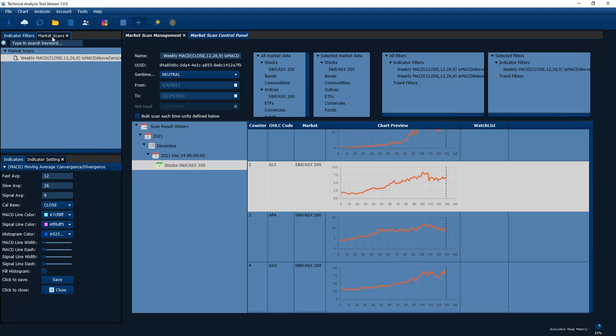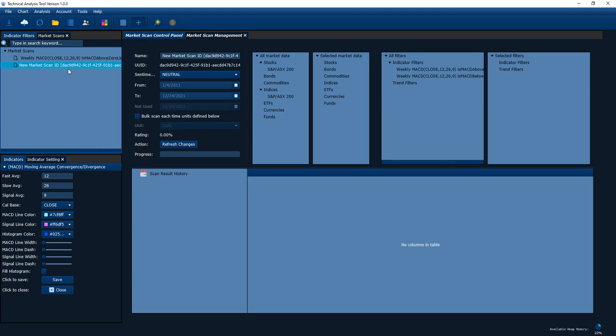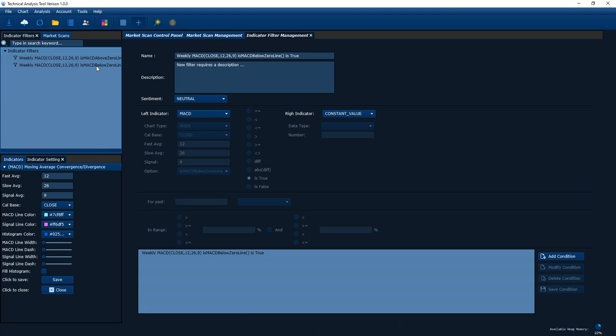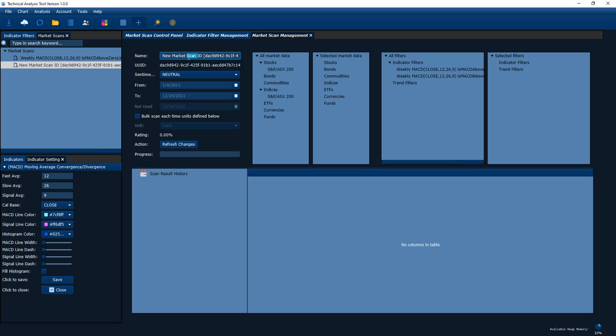Let's start to create another market scan by using the other condition we just created, which is the MACD below zero line is true. Going to our market scan, we have to select which market we're going to scan, which is ASX 200.